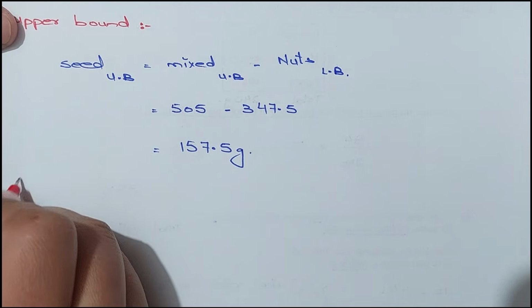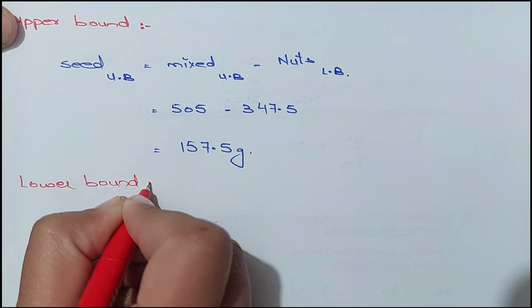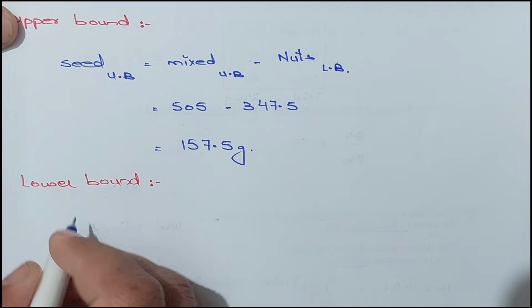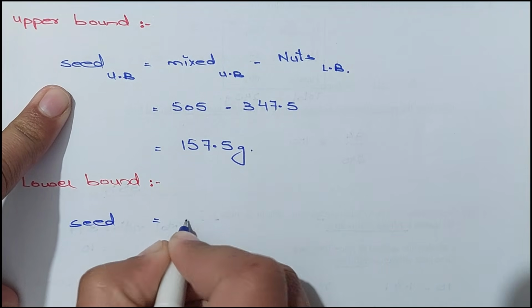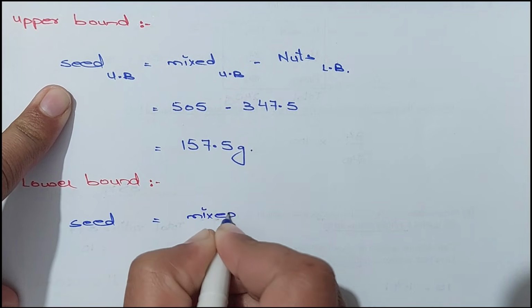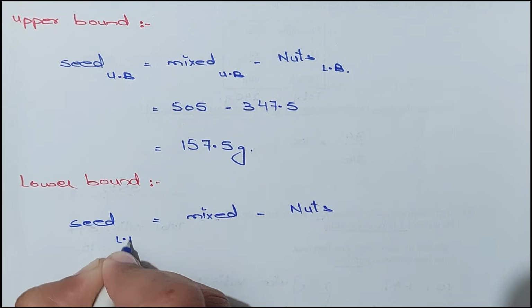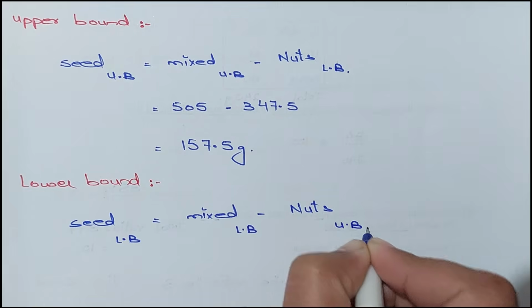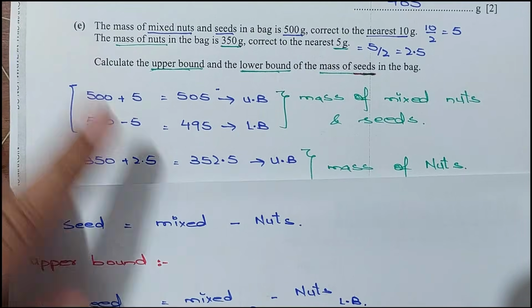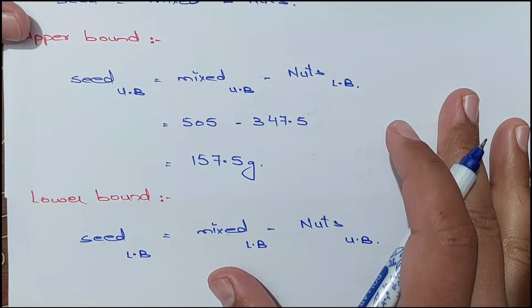Now for the lower bound, again the same equation. We are dealing with the seeds, with the mixed nuts minus the nuts. For the lower bound, for the first quantity use the value of the lower and for the second one use the value of the upper. The mixed lower is this and the upper nuts would be this.